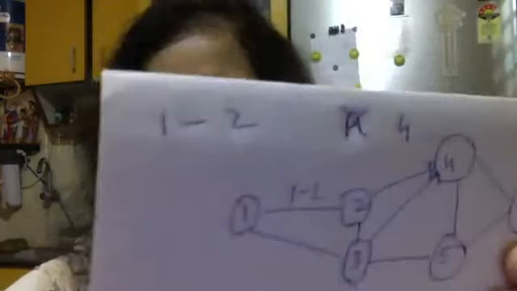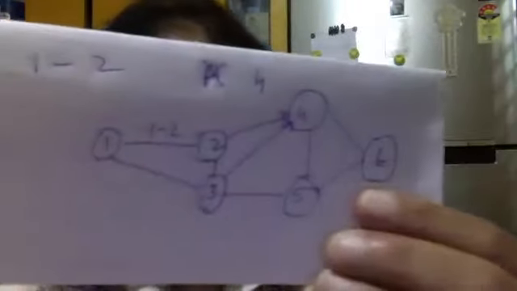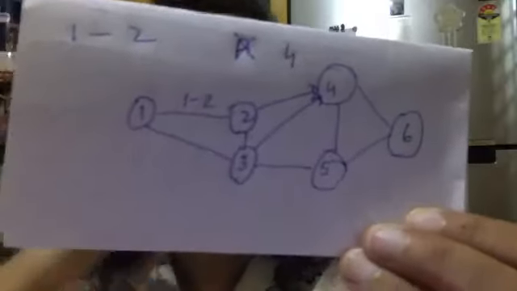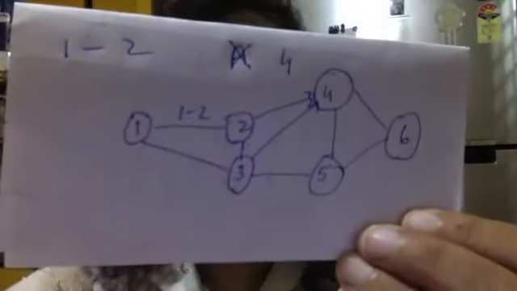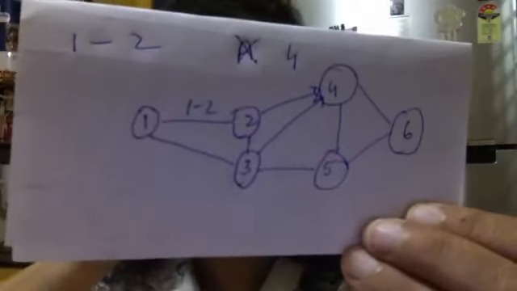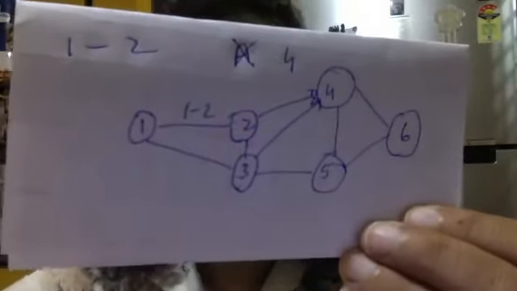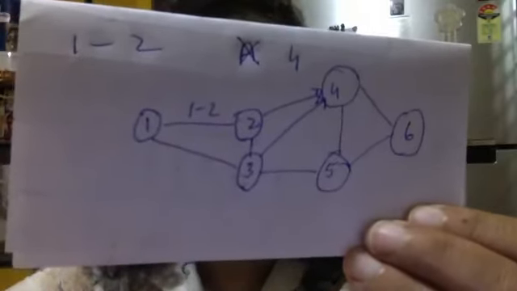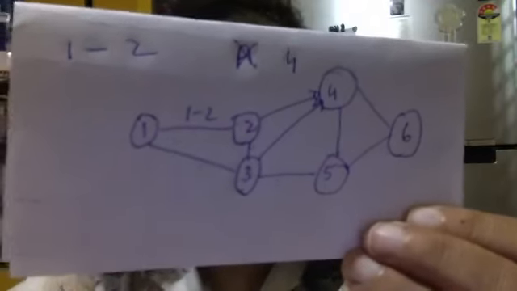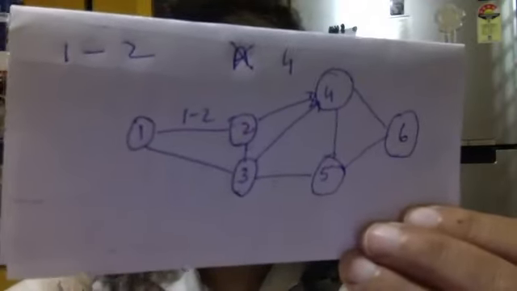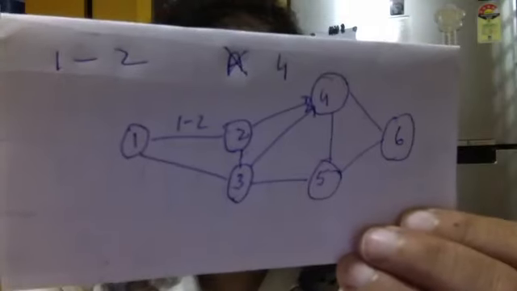Suppose I want to go to 6, which is the ending, and 1 is the beginning. I can go like this: 1 to 2, 2 to 3, 3 to 4, 4 to 5, and 5 to 6. I can complete the project like this.